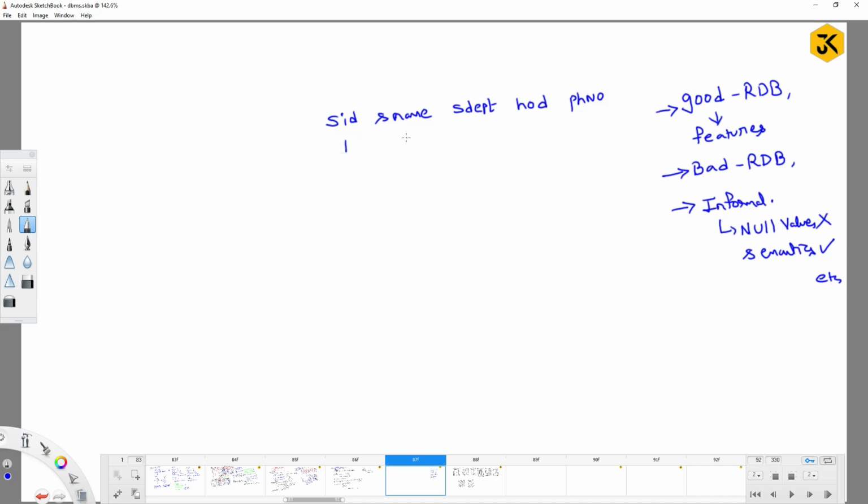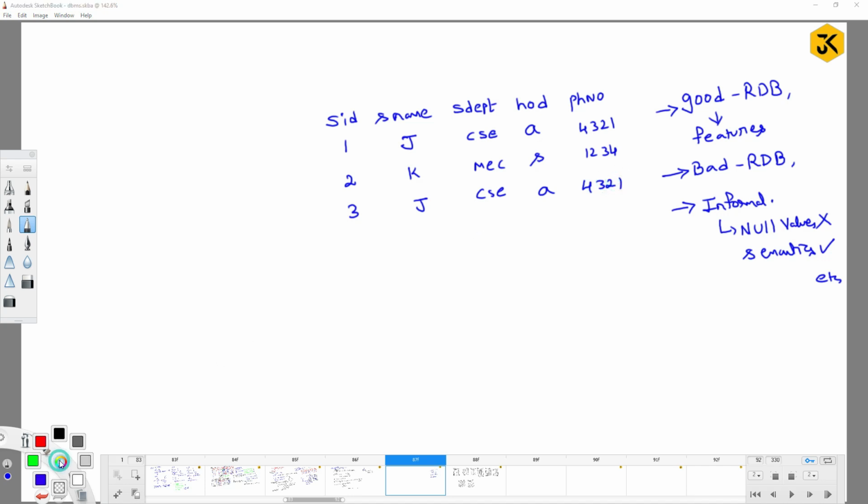If I have student ID 1 whose name is J, department is CSC, HOD name is A, phone number is 4321. Similarly, 2, K, mechanical, S, 1234. And there may be two students with the same name, both from the same department and, if you assume, the same section, and their HOD is the same. HOD and phone numbers are the same, right?